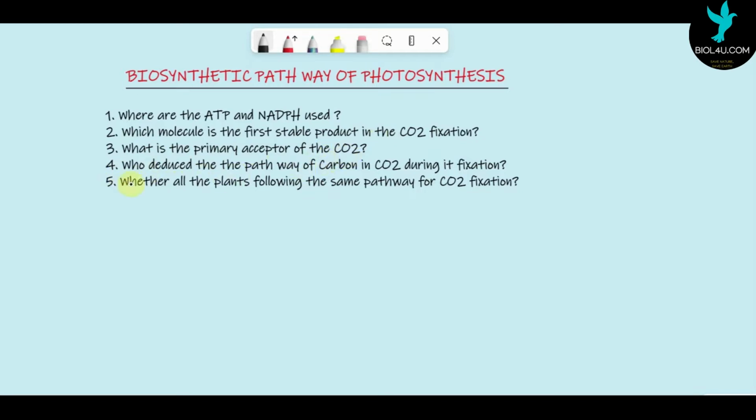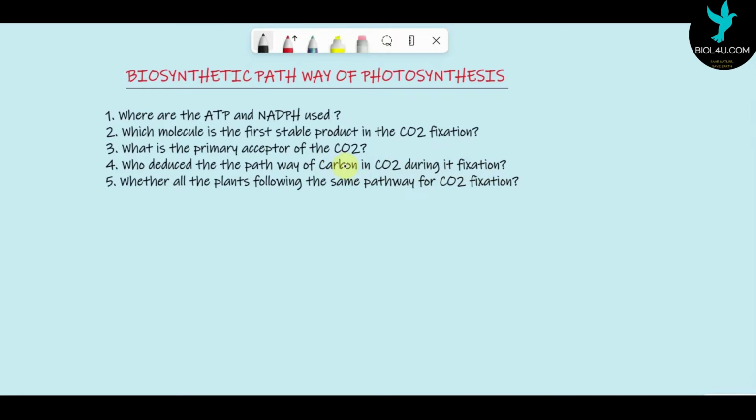The next question is, who deduced the pathway of the carbon in carbon dioxide during its fixation? When carbon dioxide enters the leaf, it is absorbed by the first acceptor, and then the carbon moves through different intermediate products, and finally we get the carbohydrate.